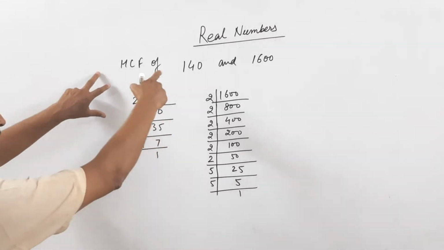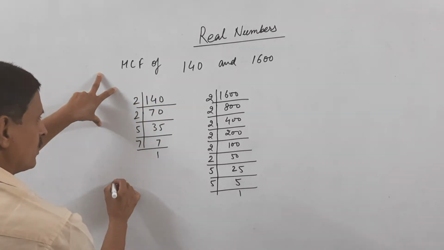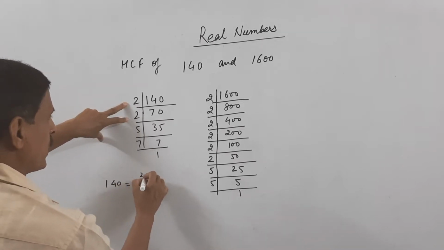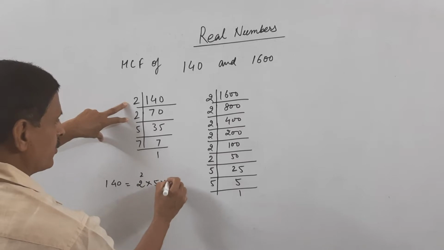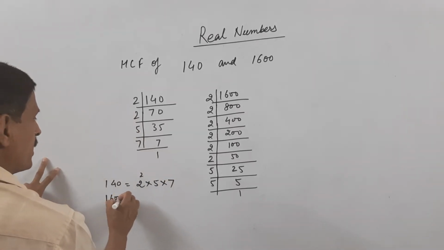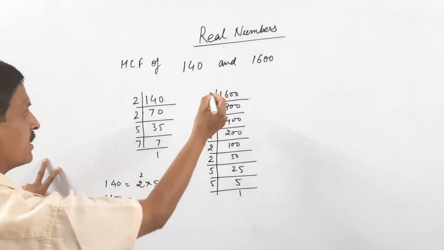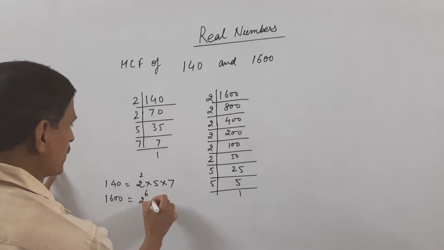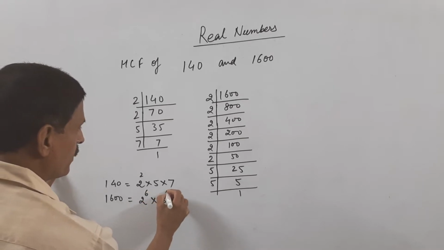Thus we can write these numbers as a product of prime factors. 140 is 2 square into 5 into 7. And 1600 may be written as 2 raised to power 6 into 5 square.